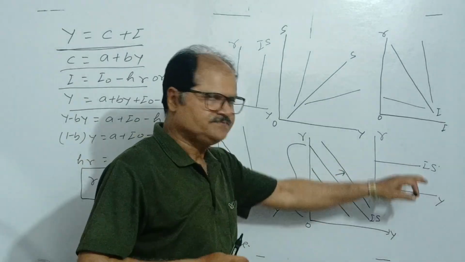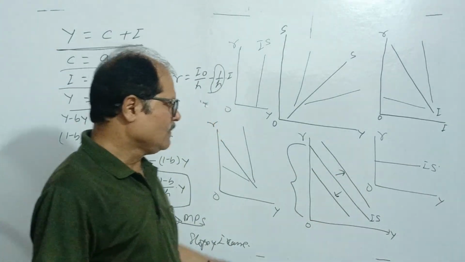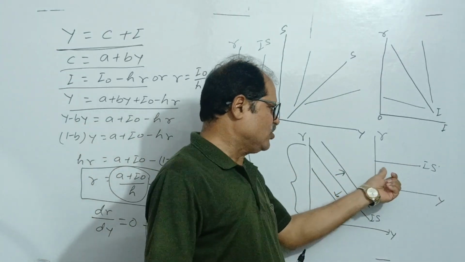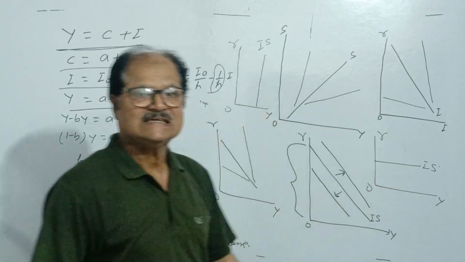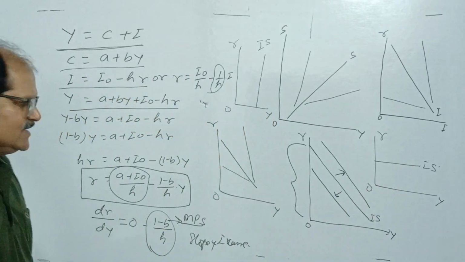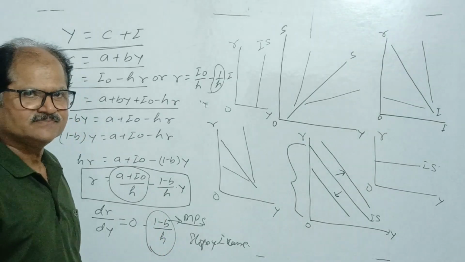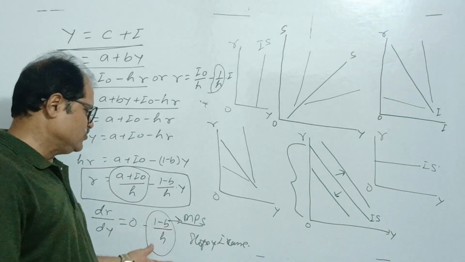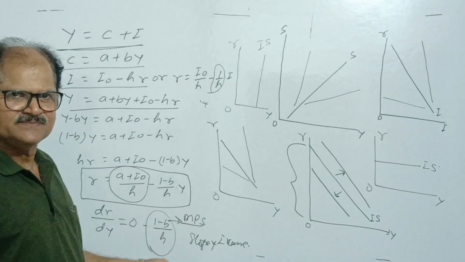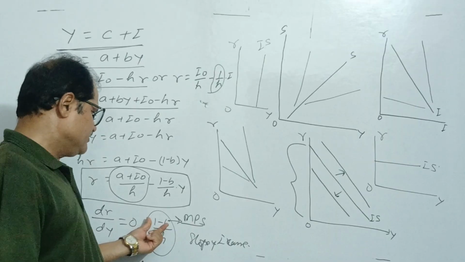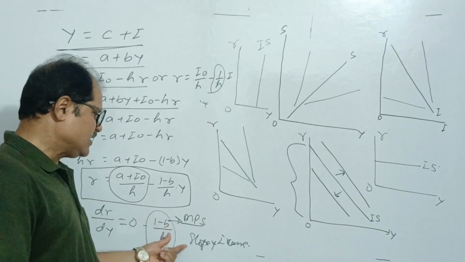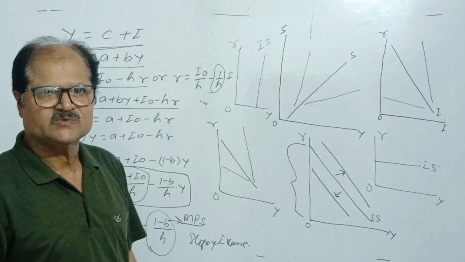First, this situation. If the IS curve is horizontal, it means its slope is 0. So this should also be 0, and this can be 0 under two conditions: 1 minus b is 0, or 1 upon h, the slope of the investment curve, is 0.